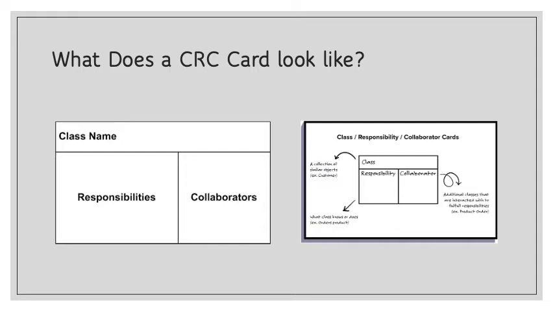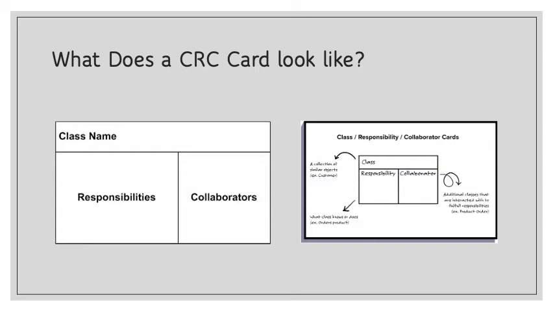Typically, what you find on the responsibilities side is verb phrases, behaviors, or operations that the class needs to be doing. And then the right-hand side is for collaborators. This is where you would put other classes that will help the responsibility side.